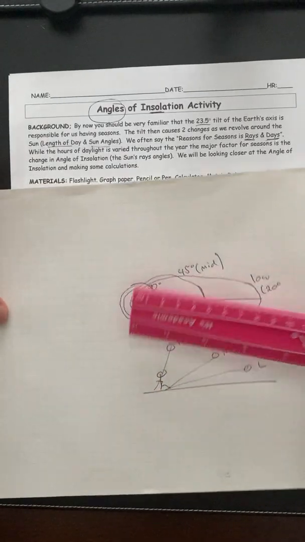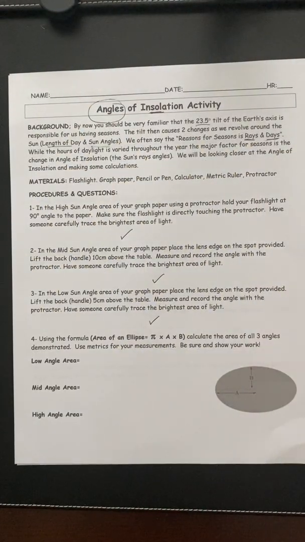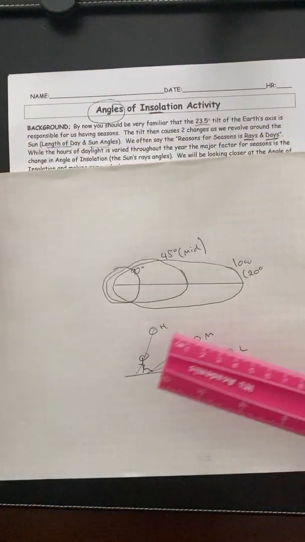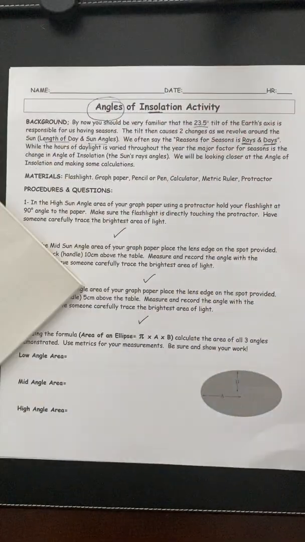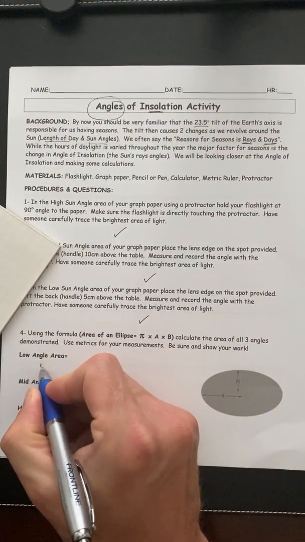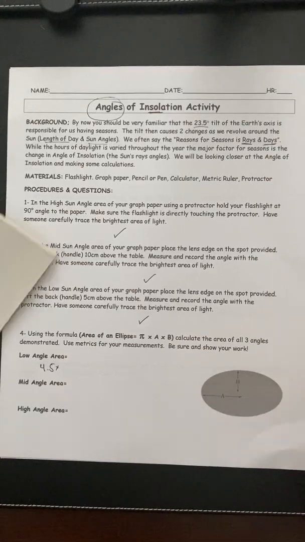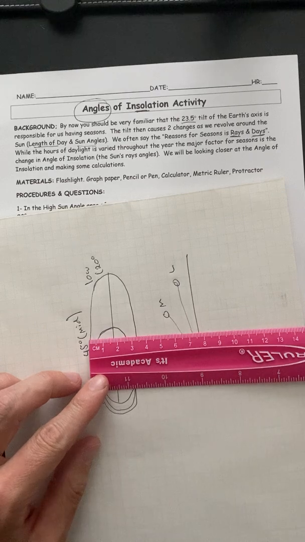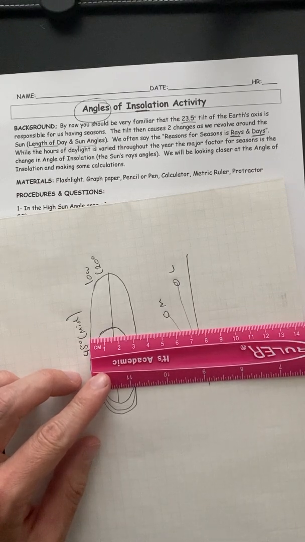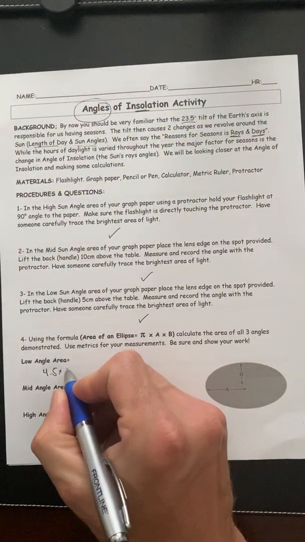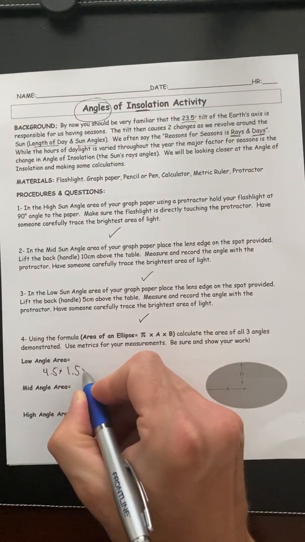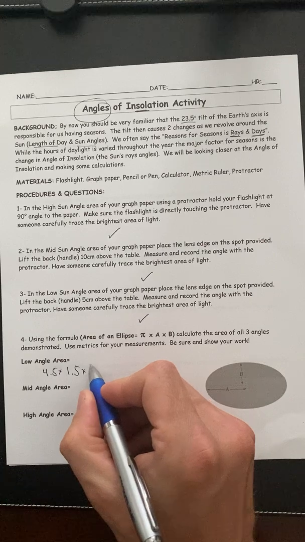I only need half of that according to this equation. So half of that would be 4.5 times this little radius here, which appears to be, we'll call it 1.5, kind of rounding a little bit here, times pi.